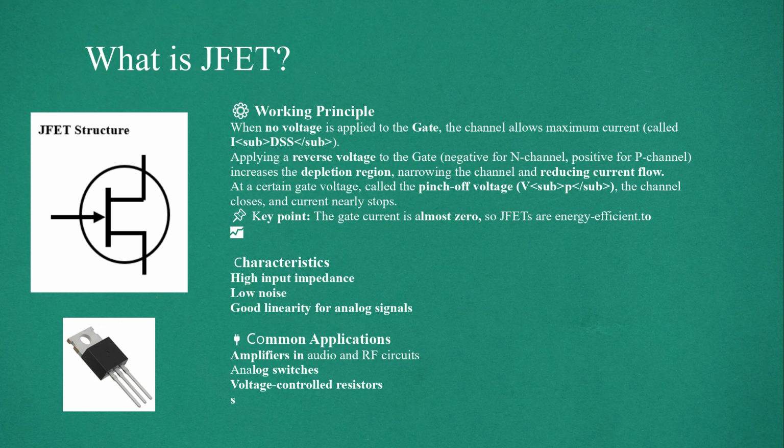At a certain gate voltage, called the pinch-off voltage V sub P, the channel closes and current nearly stops. Key point: the gate current is almost zero, so JFETs are energy efficient.